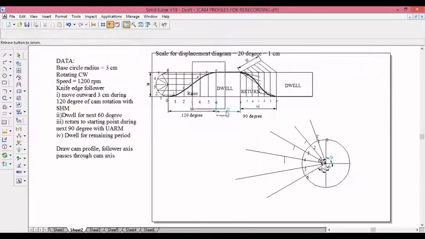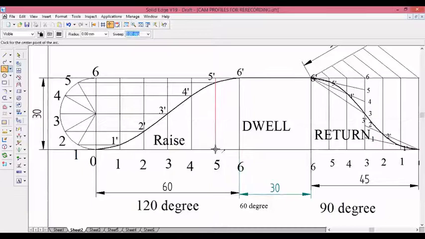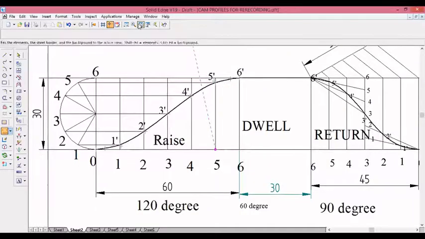Measure 5 to 5 dash, keep compass leg at 5, touch the pencil to 5 dash.